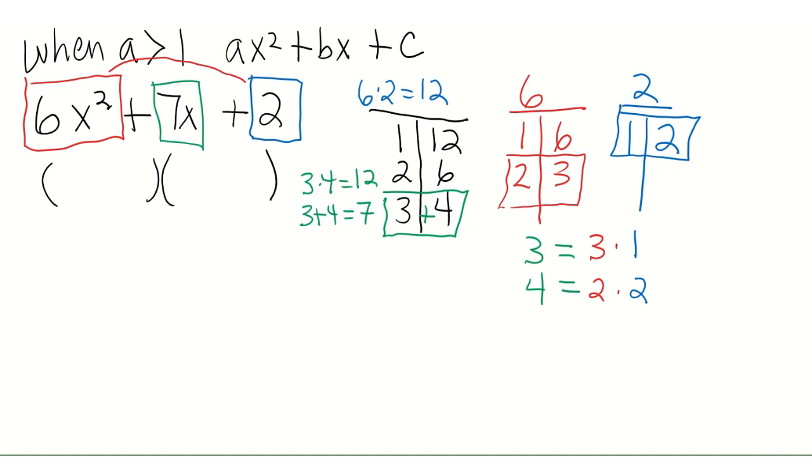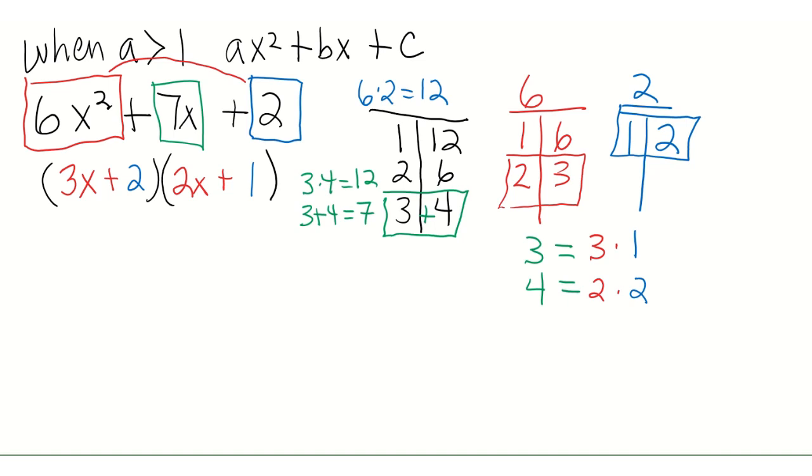I'm going to have x for my A and a number for my C. I'm going to want to make sure that they're paired together so that when I do my inner and outer, they're going to give me my 3 and my 4.